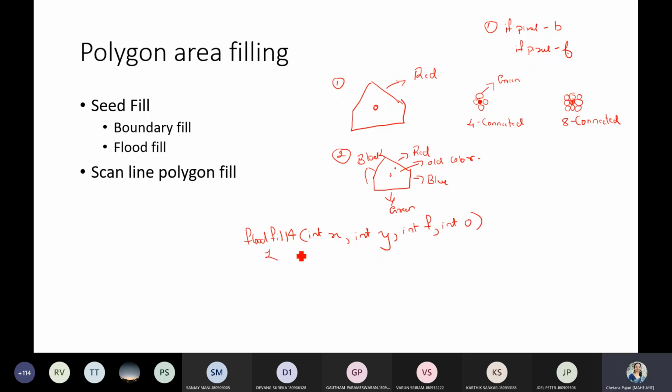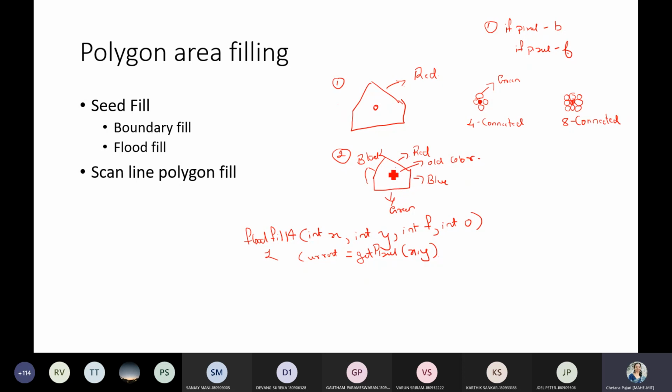So what are you going to do? Initially you get your current pixel color. Whatever x and y you have selected, you get the pixel x comma y. As I mentioned, the entire thing will be colored, so by default, let's say it is white.